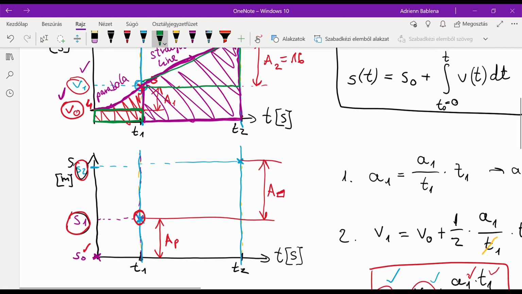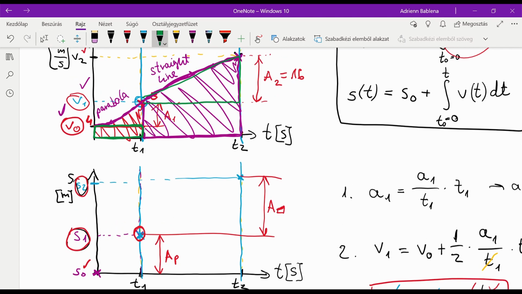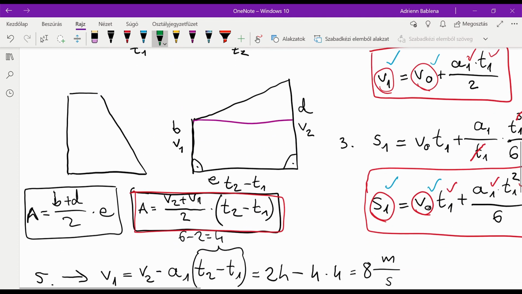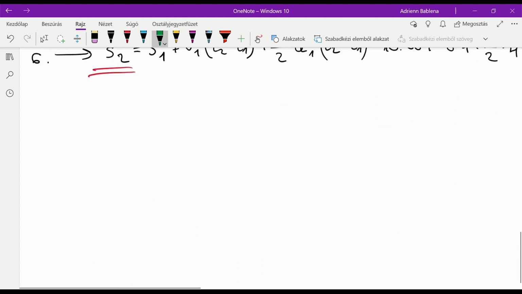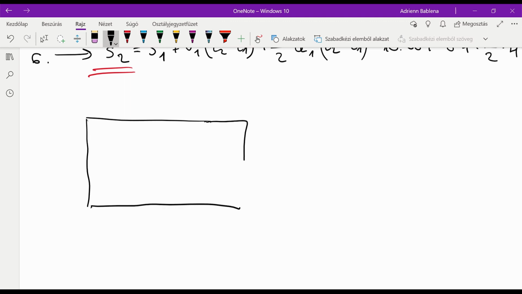The area under the parabola is inside a rectangle. You can draw a parabola in a rectangle, so you see this shape. This is the initial point and the end point here.